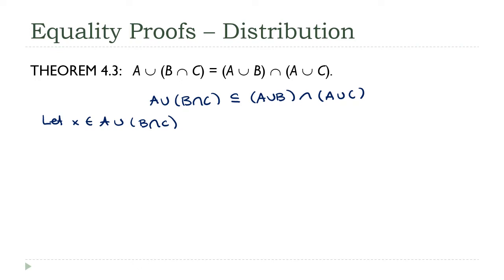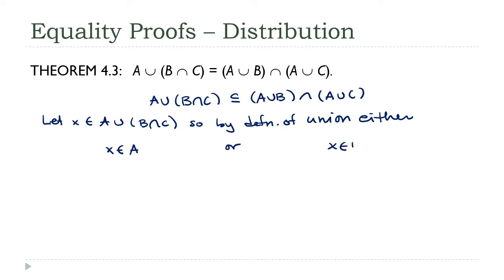Well, I'm going to apply the definition of the union of two sets. Let X be an element of this union, so by the definition of union, either X is an element of A or X is an element of the intersection. It has to be in at least one of those two sets.